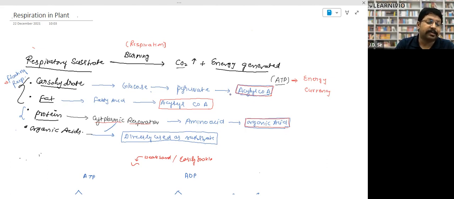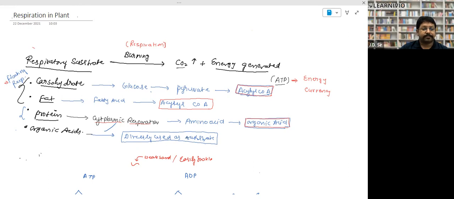If protein burning starts, then definitely the organism will die. That is for sure. Protein will break down into amino acids, then into organic acid, and it will burn. Organic acids are the best respiratory substrate; they directly get burned. So you know what the respiratory substrate can be and how it takes place.